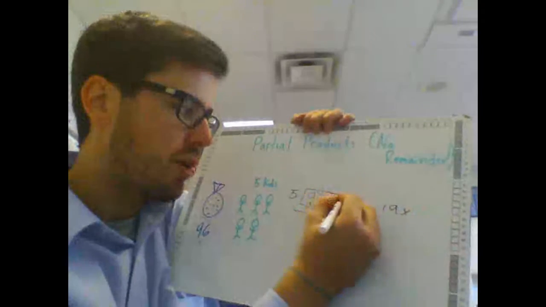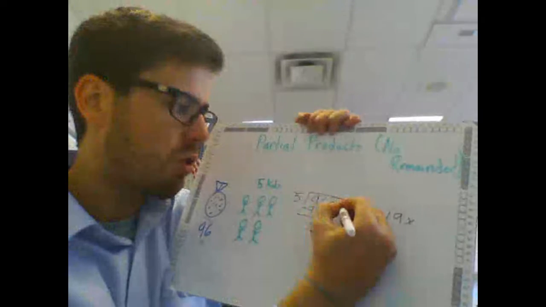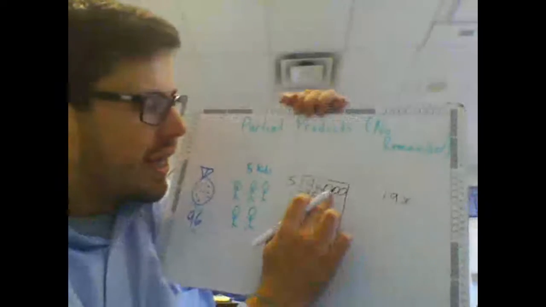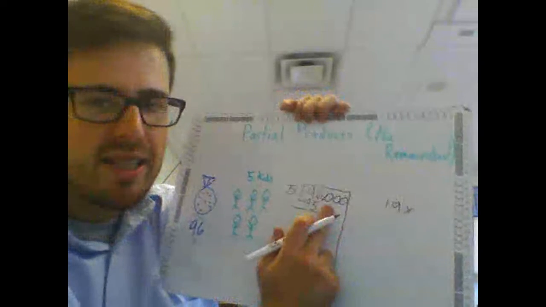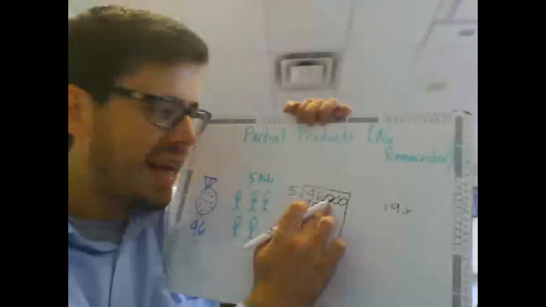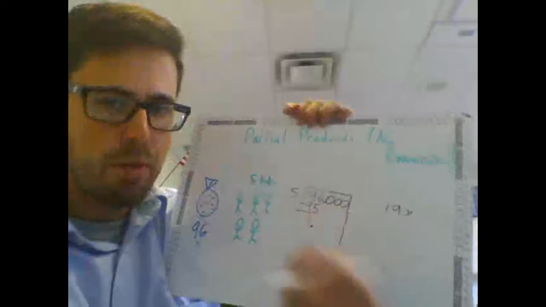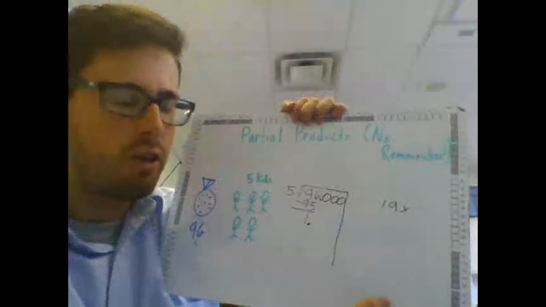I'm just going to extend my wall a little bit so that I have space to draw some zeros. In decimals, it's fine to add zeros after our whole number because we're not changing it. We're not adding any more tenths, hundredths, or thousandths.